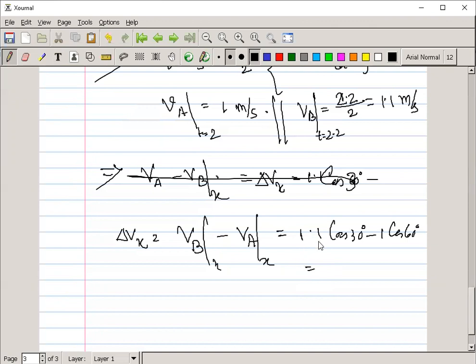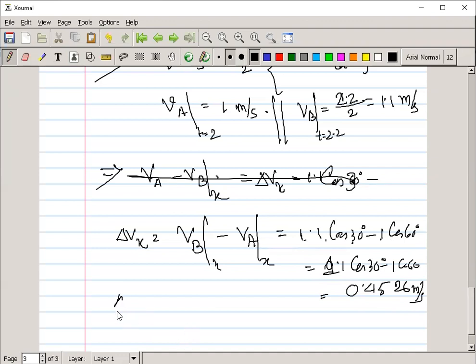So 1.1 cos 30 minus 1 cos 60 gives 0.4526 meter per second.